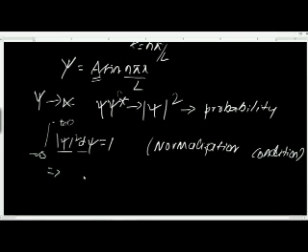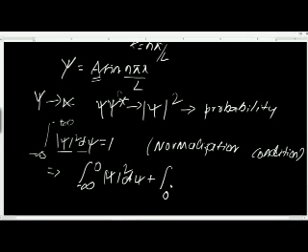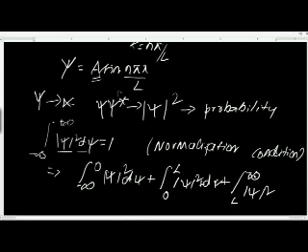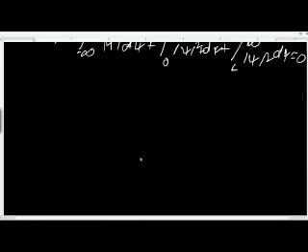So let's just break it up. It is minus infinity to 0, modulus of psi square d psi, plus, now what's the next limit? 0 to L, modulus of psi square d psi, and finally we have L to plus infinity, modulus of psi square d psi, equal to 1.